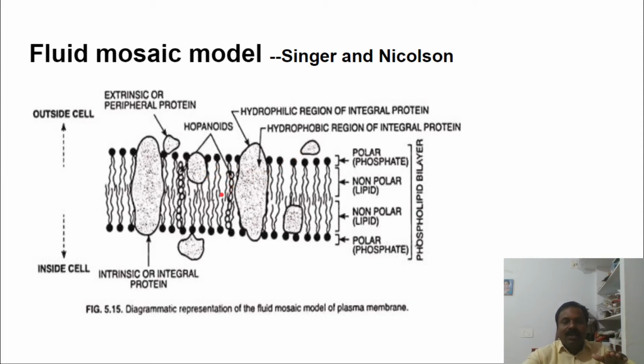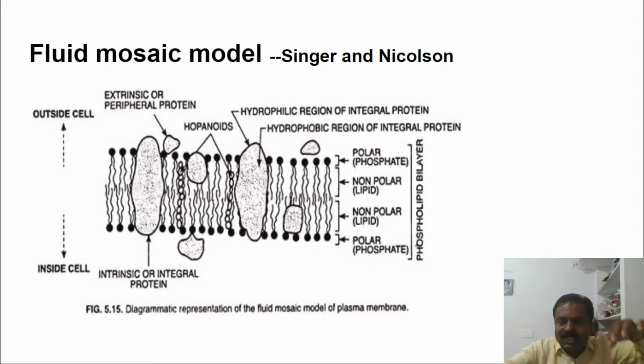In the same manner, the phospholipid molecules also move from one row of molecules to another row. They exchange their positions. This molecule can move to this one, and at the same time this molecule can move to this place. The phospholipid molecules can exchange their positions, and the tail region can rotate on its axis.